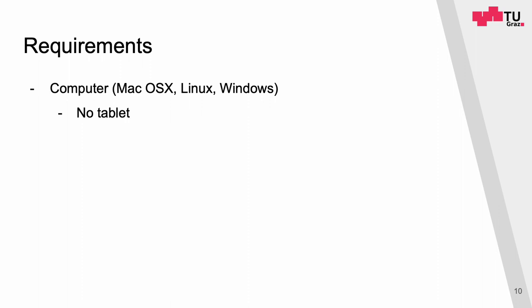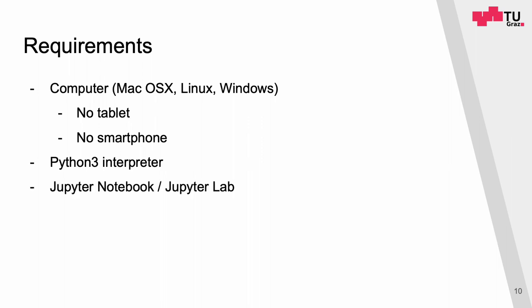So the requirements of this course are the following. You need obviously a computer which runs either Mac, Linux or Windows. So no tablet, no smartphone. And the computer should have a Python 3 interpreter running, and you should have the Jupyter Notebook or Jupyter Lab.